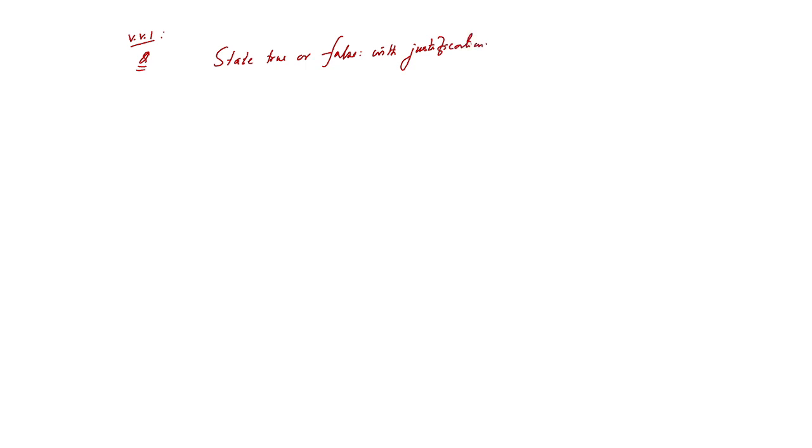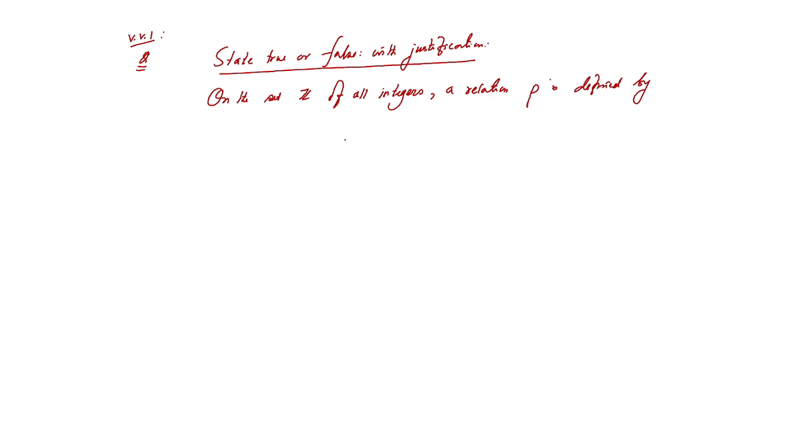On the set Z of all integers, a relation rho is defined by A rho B if and only if product AB is greater than or equal to 0.